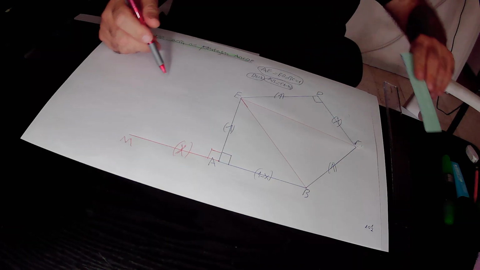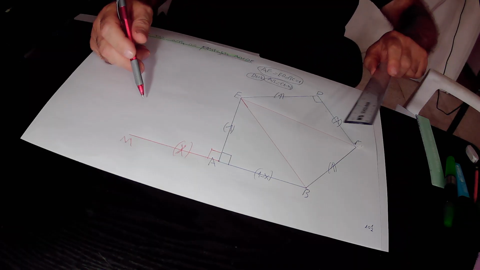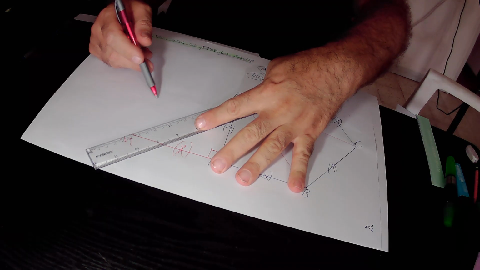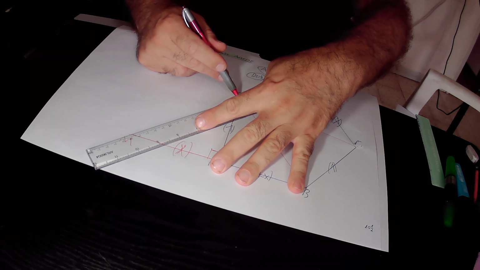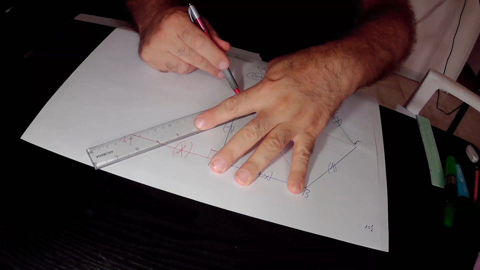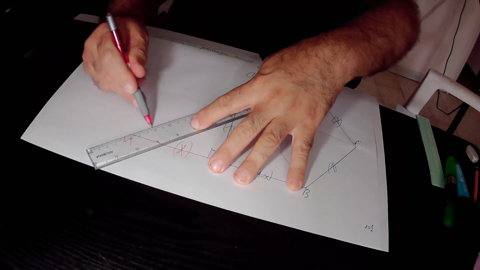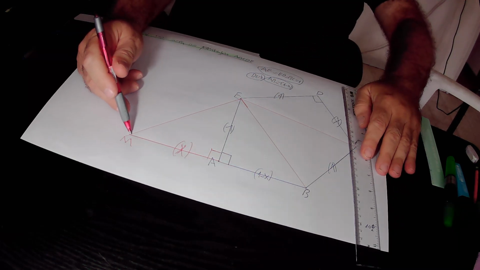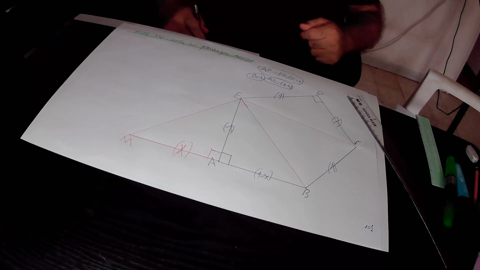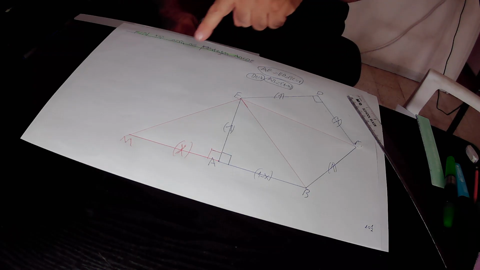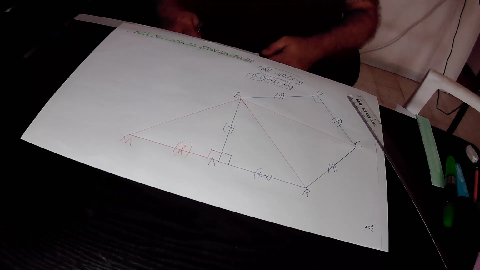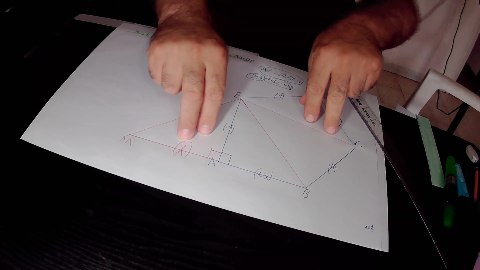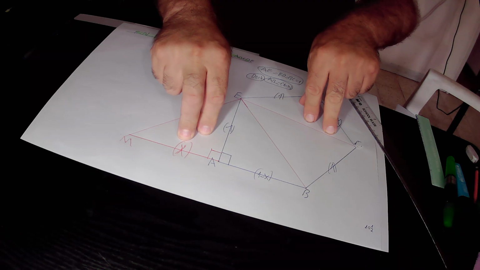Next step, we join points E and M together by a straight line. By joining points E and M, we created here the right triangle EAM. So in the next step, we will prove that those two right triangles are congruent according to the side angle side rule.